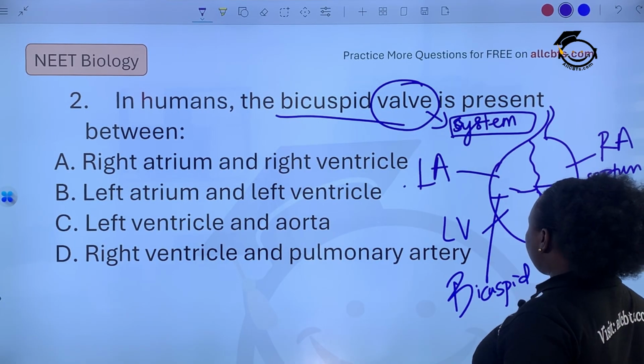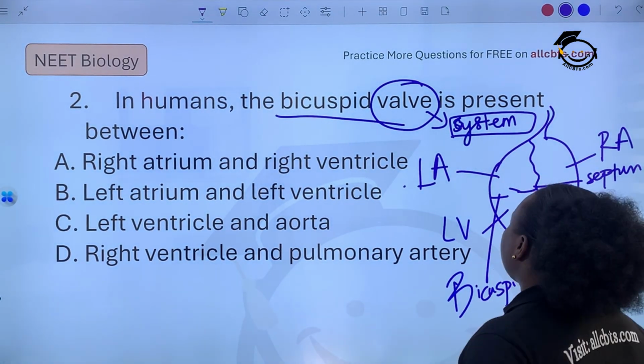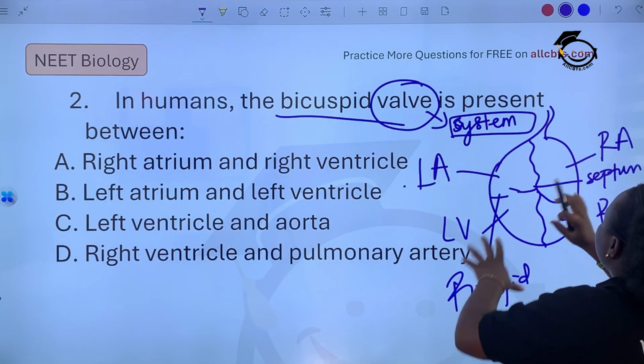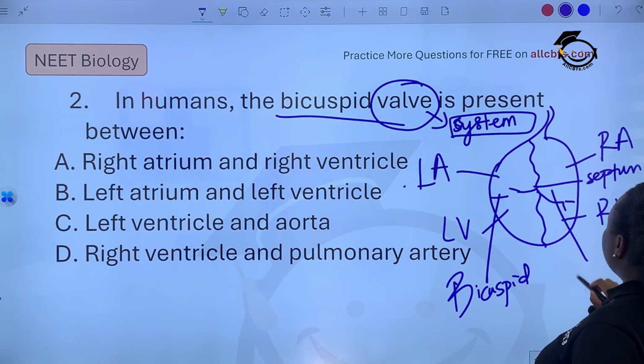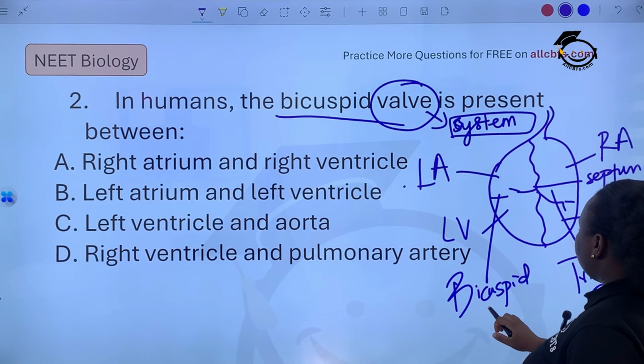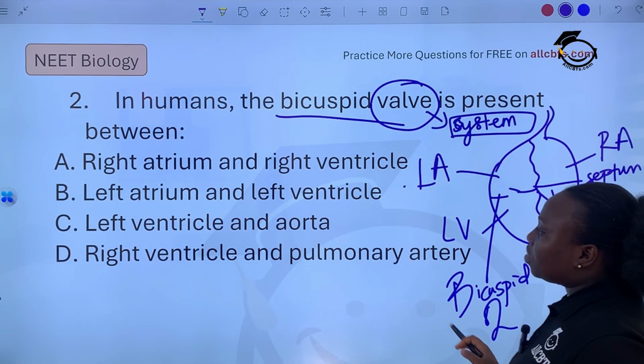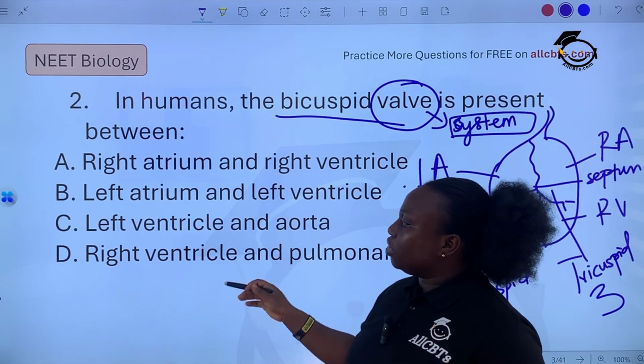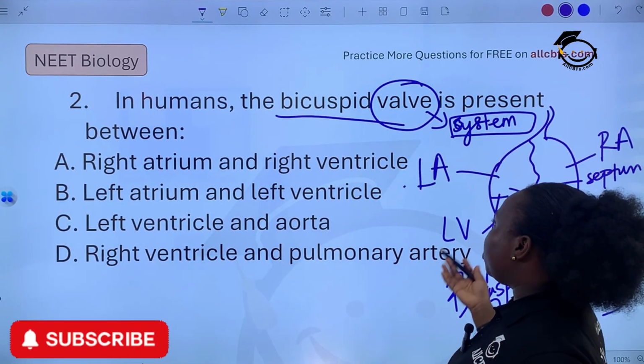Why? Because it has two valves there. But for the right, it is the tricuspid valve, because it has three valves and the left has just two. Now our answer is option B, left atrium and left ventricle.